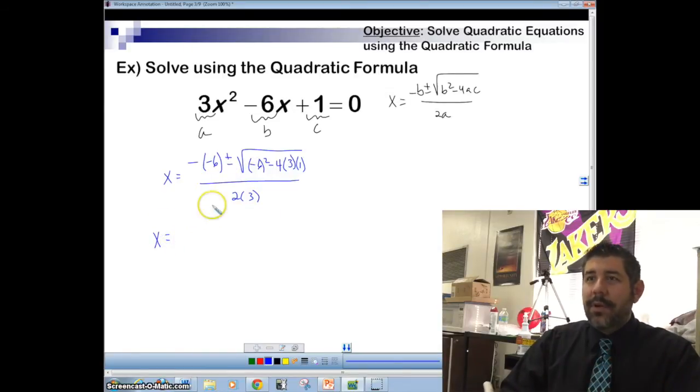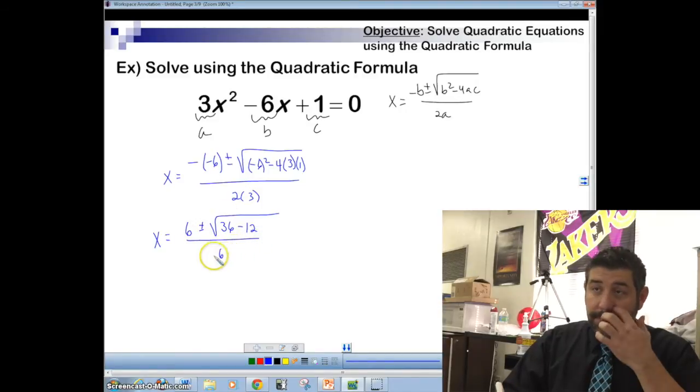This is usually the hardest part, simplifying it. 6 plus or minus the square root of 36 minus 12 all over 6.